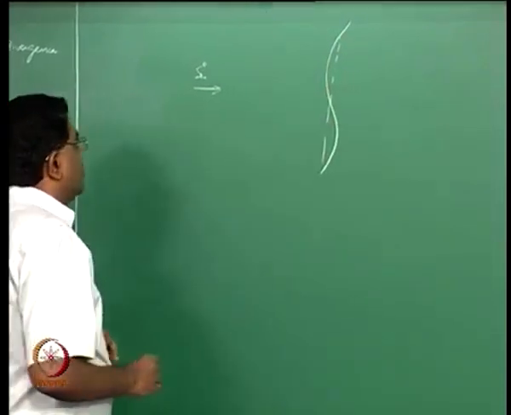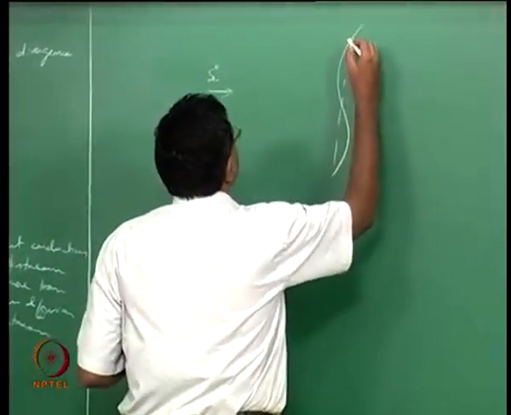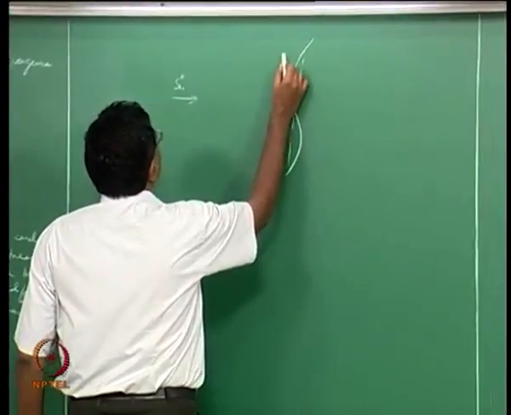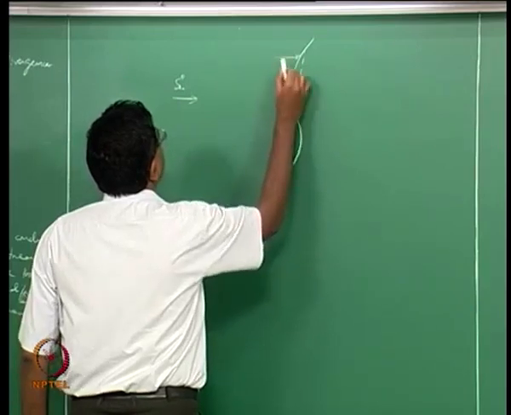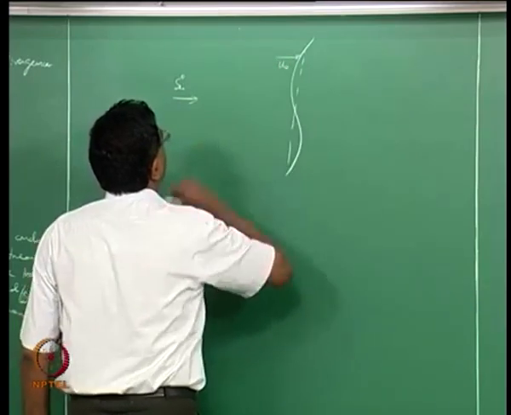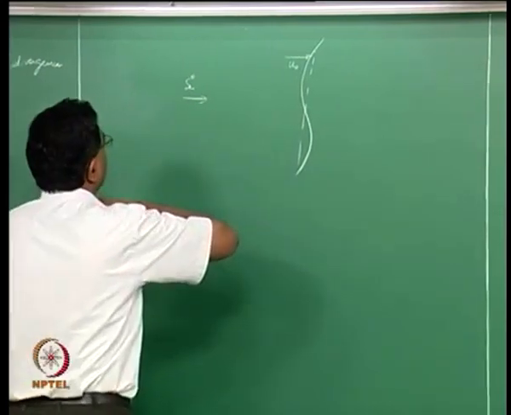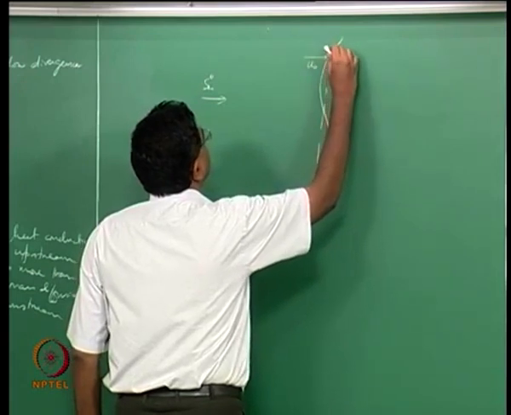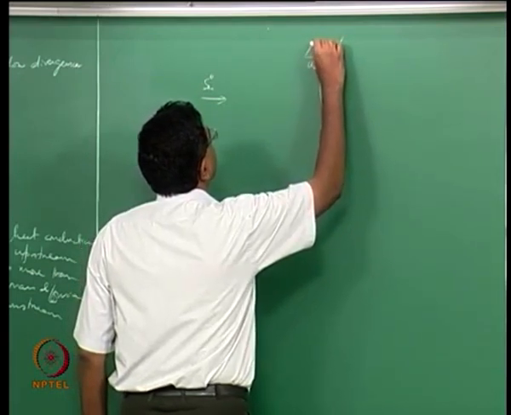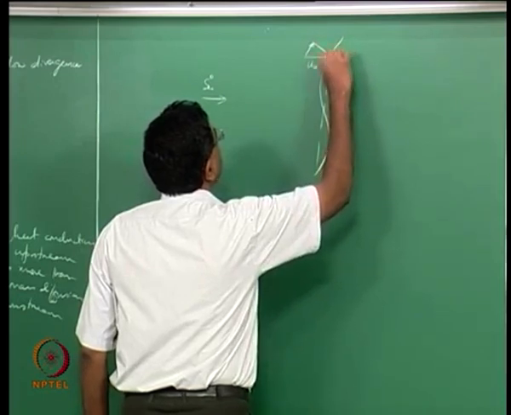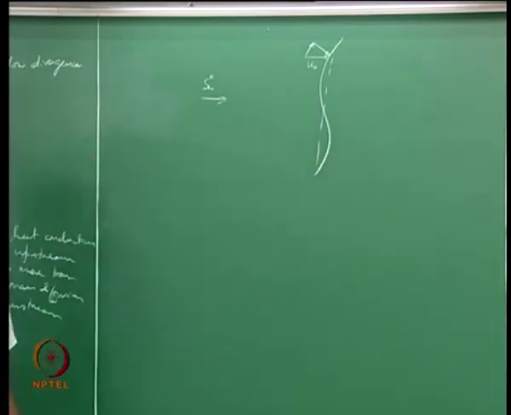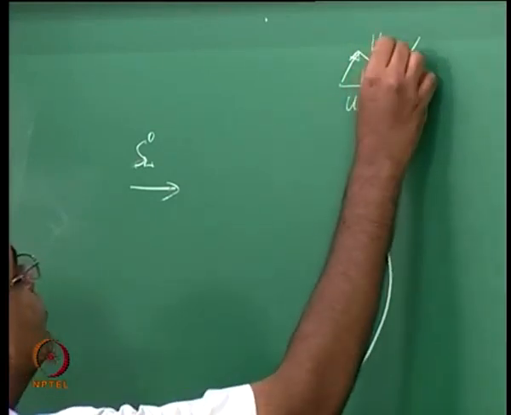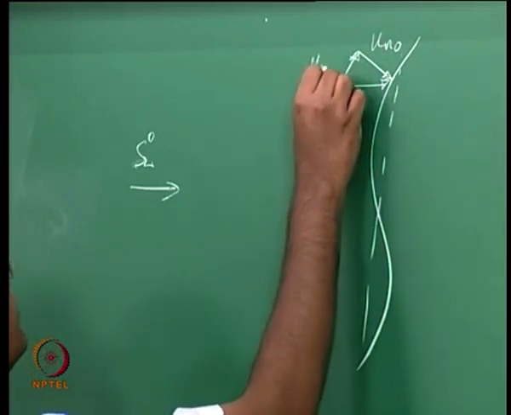So if you now think about a point along a curved flame, let us suppose that this is your U naught, and what you want to do is decompose this as parallel and perpendicular to the flame. So this is U_n naught and this is U_t naught.